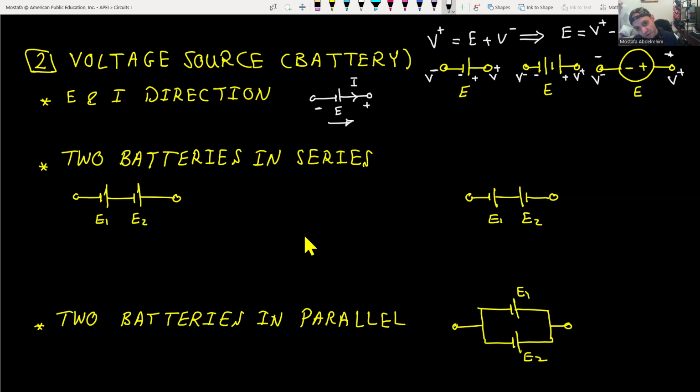And that's because the battery can discharge, it gives voltage, or it can be itself charging, like taking a charge from outside. For example, the rechargeable batteries in your home.